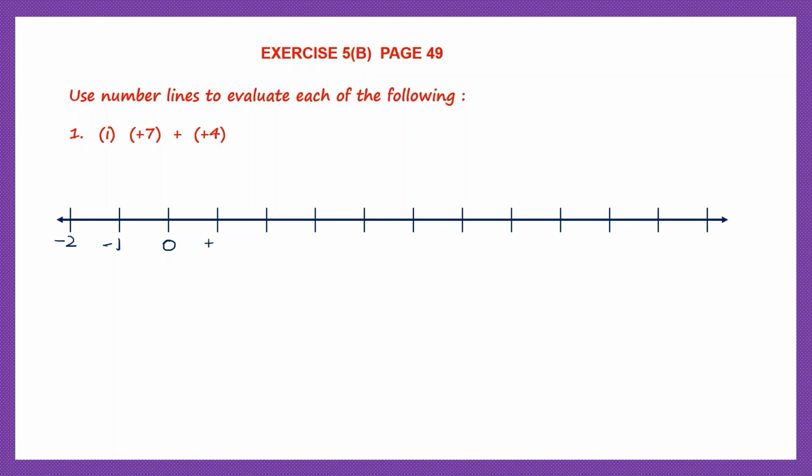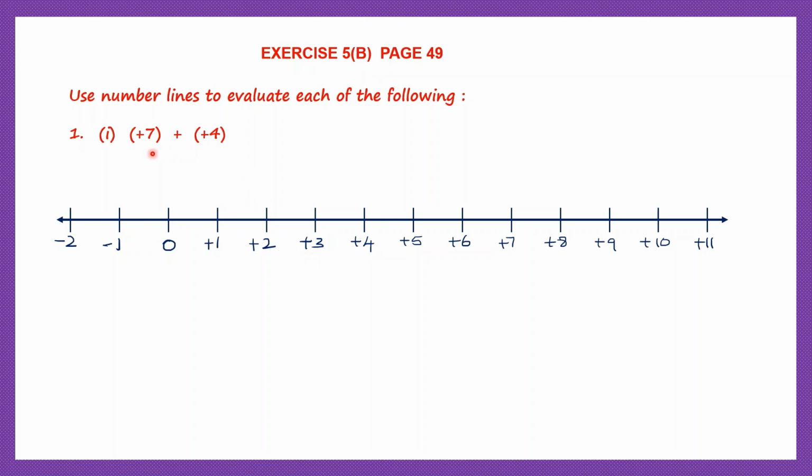So this will be plus 1. To the right of 0 are all the positive integers. Plus 2, plus 3, plus 4, 5, 6, 7, 8, 9, 10 and 11. So we have positive integers on the right of 0 and negative integers on the left of 0. So this is an integers number line.